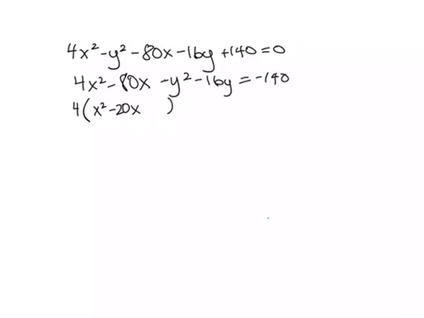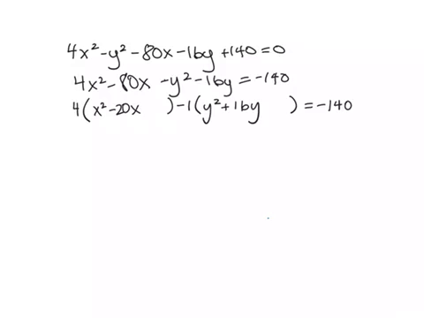And then with the y's, you also are going to need to factor out there because, again, that leading coefficient has to be positive 1. So right now we have negative 1, meaning that's what we need to factor out of the y's. So that gives you y squared plus 16y, and this is still equal to negative 140.